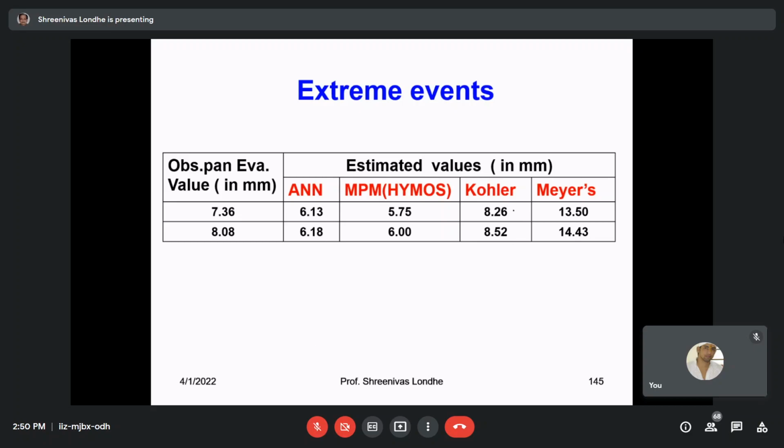This is very, very high. HIMOS is in comparison, but it seems that we are beating HIMOS also comprehensively. We are nearer, compared to HIMOS, to the observed pan evaporation. So this shows that the ANN model is beating all of them.